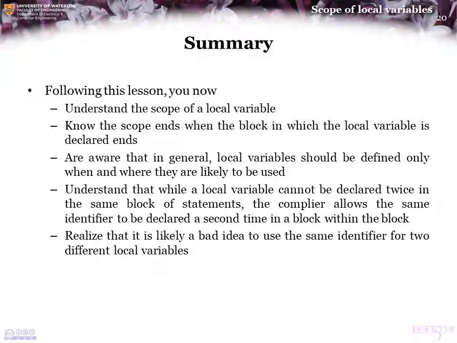You also understand that while a local variable cannot be declared twice in the same block of statements, the compiler will allow you to declare an identifier to be a different local variable a second time in a block of statements within a block of statements. Say, for example, as we saw, within a conditional statement or within a for loop.